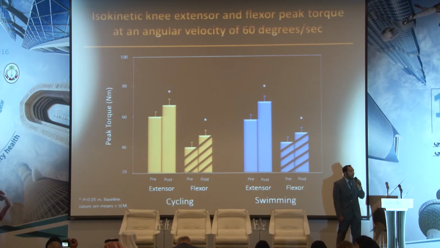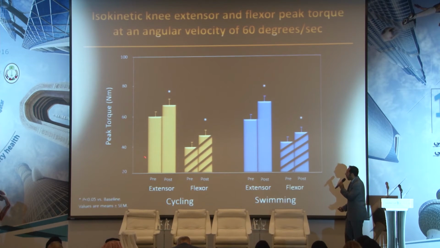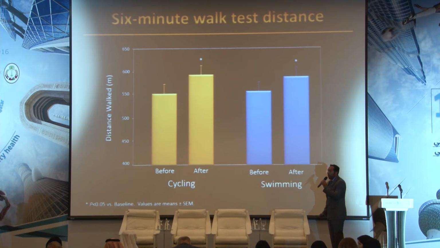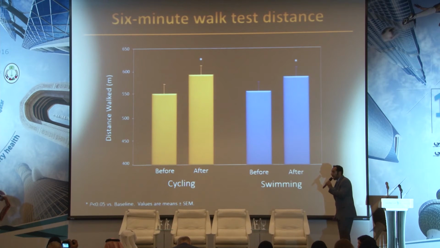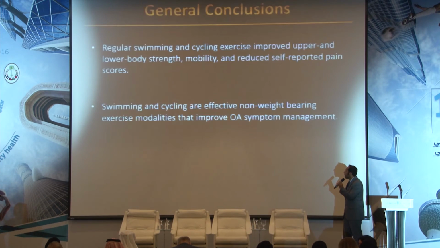For the knee extension and flexion, both exercises improved their strength, significantly, for cycling as well as swimming. For the 6-minute walk test, both exercises improved the walk distance significantly in both groups, cycling and swimming.